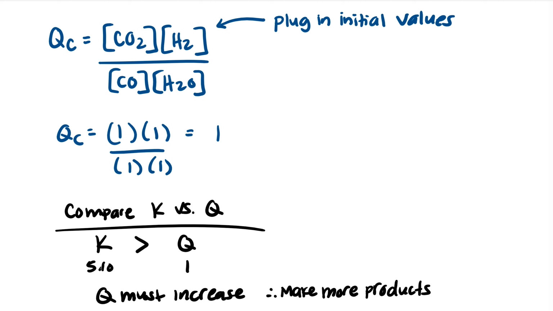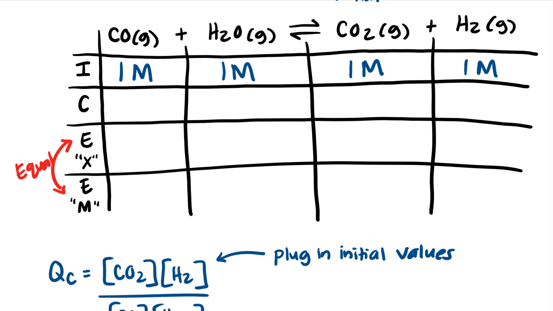And so that means we're going to proceed in the forward direction or to the right. And this means we're going to move to the right in our ICE chart. We're going to add to the product side for that change row. So we are proceeding in the forward direction.